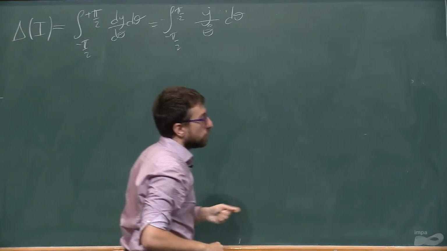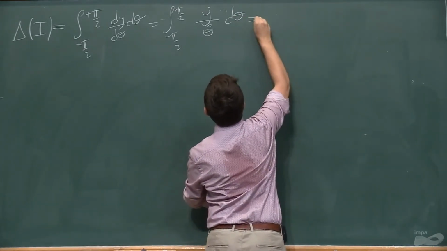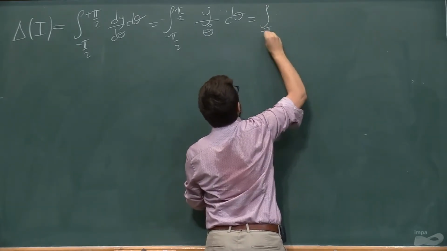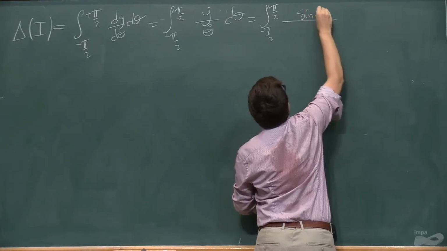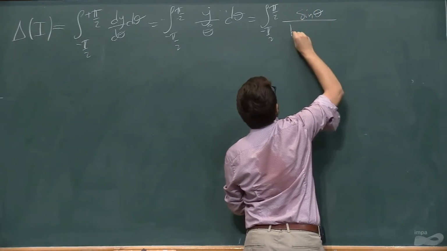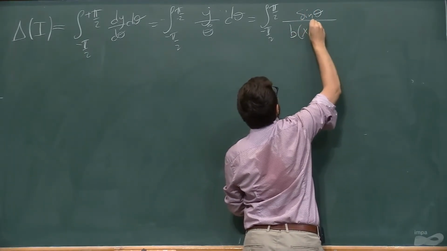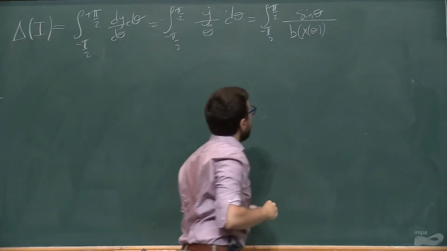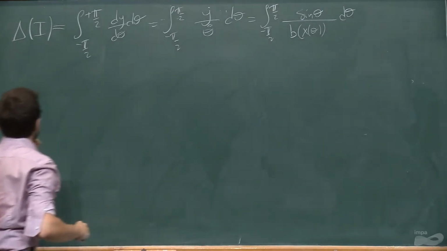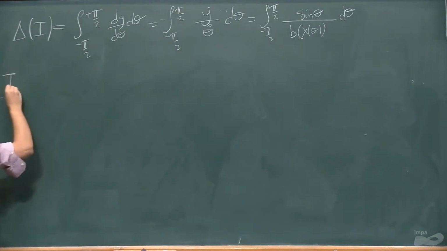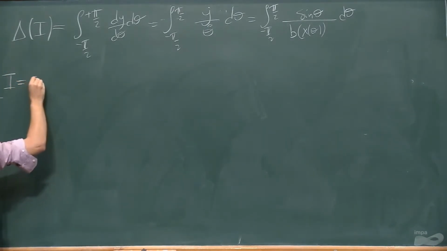And now I can substitute using the equation of motions. So this is the integral from minus pi over 2 to pi over 2 of sine of theta, and here comes b of x of theta. And now I remember I have this first integral I. Maybe I write it here one time more.